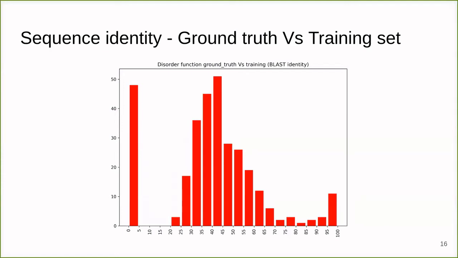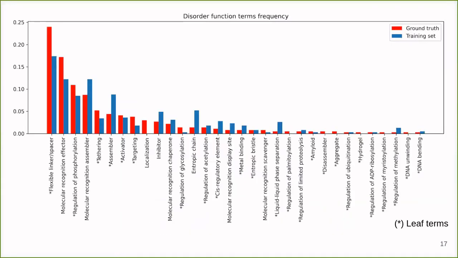And also you may exploit the fact that flanking structured domains of these disordered regions are conserved. So you may, for example, if there is a linker where the function is to separate two domains, well, maybe looking at those domains also helps in predicting the linker position or the linker annotation.